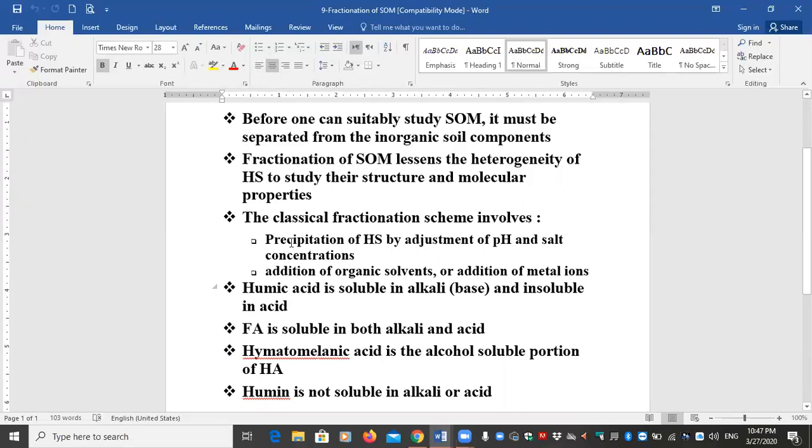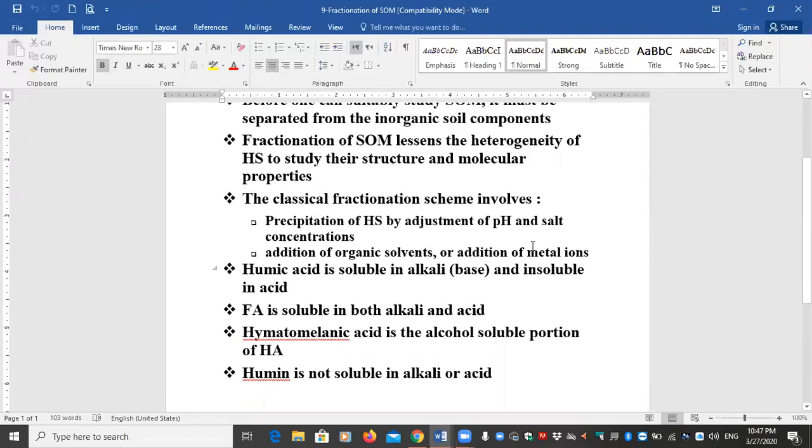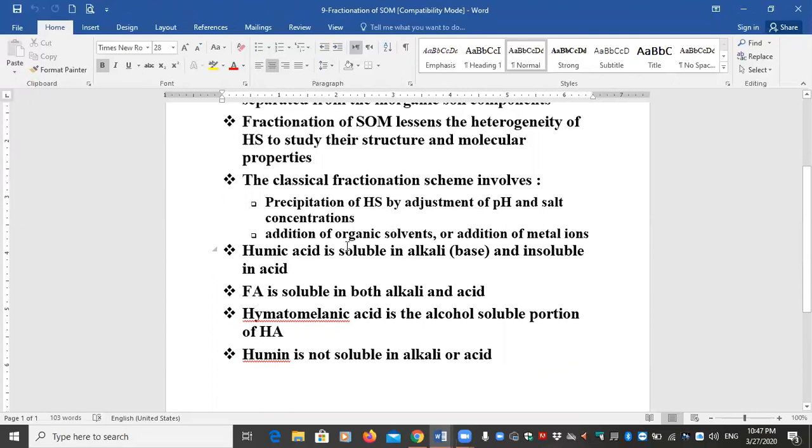And whether some of them will dissolve or precipitate in these different pH solutions, that's how we can separate them. And then different salt concentrations in those systems. Then the addition of organic solvents or addition of metal ions. So also we can utilize the organic solvents in this type of fractionation method.